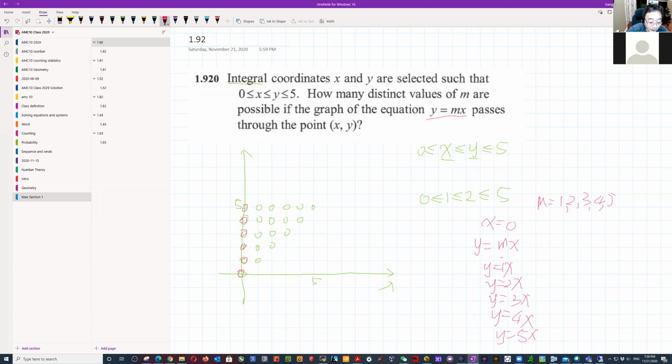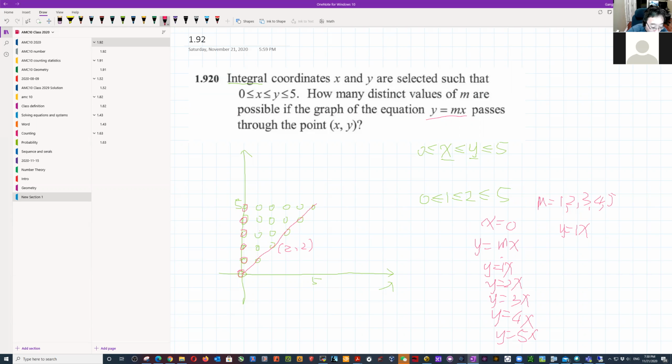Then on the second column, 1, 2, 3, 4, we will see that. This is like 2 and 2, and passing through (2, 2) it's still y equals 1x. So this is already covered by the first line, so we do not count this. And this is basically the slope.